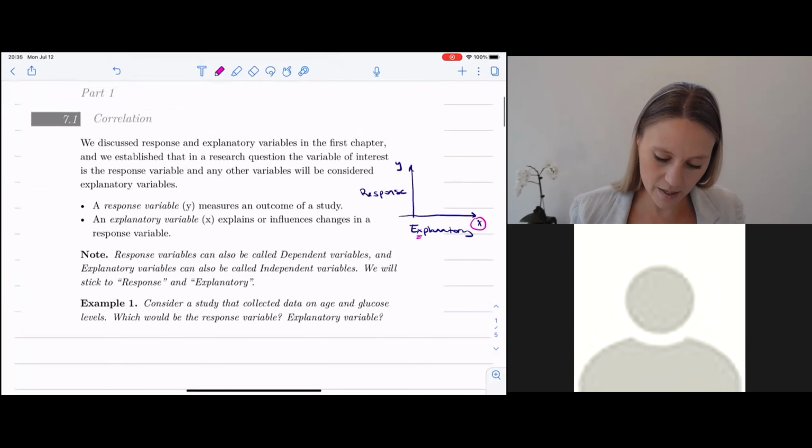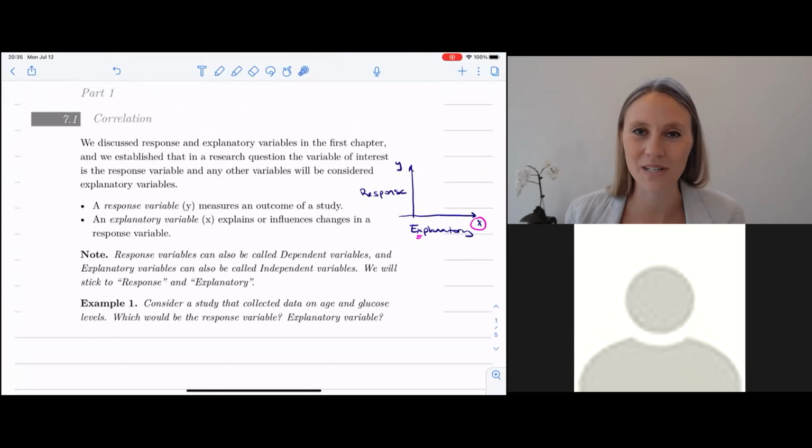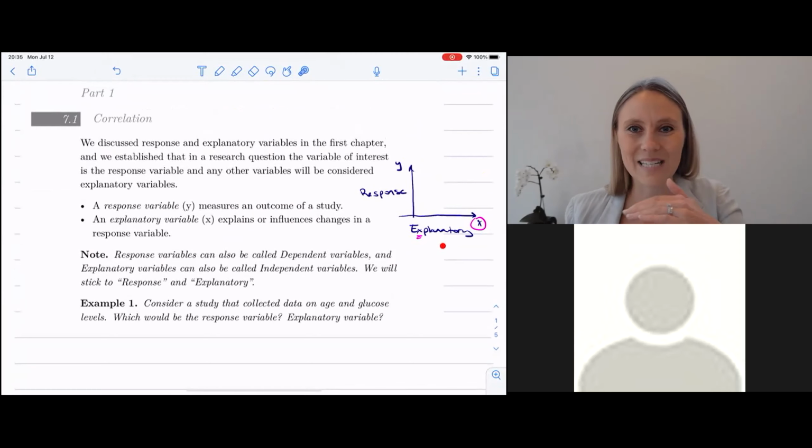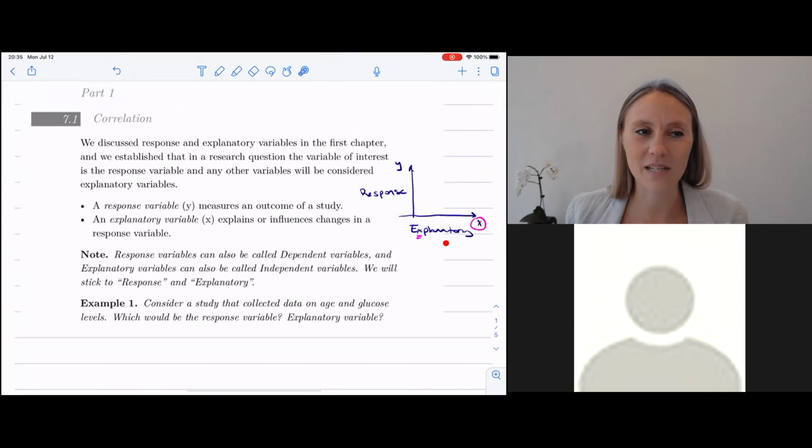So that's why I prefer to use the terms response and explanatory variables, because it tells me which axis to put the explanatory variable on.